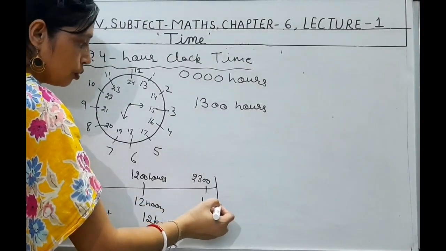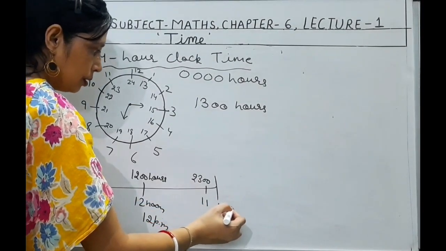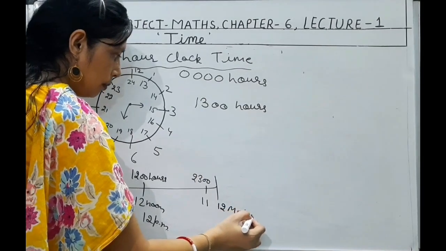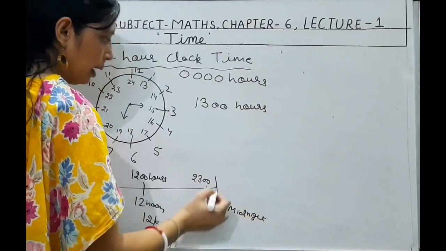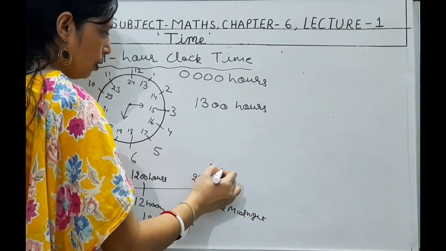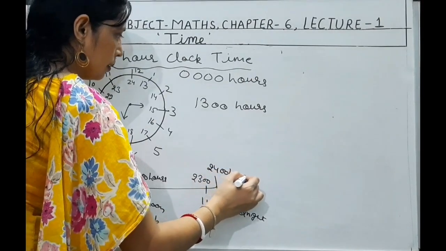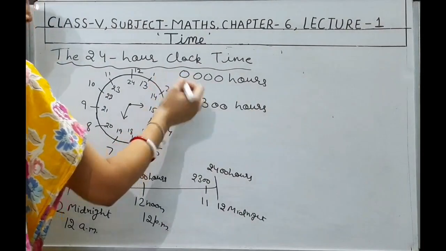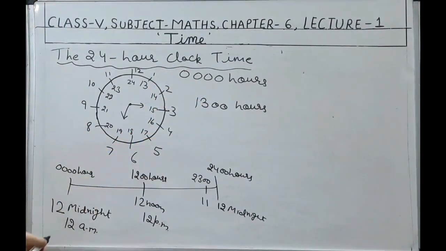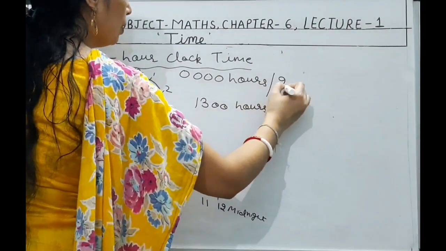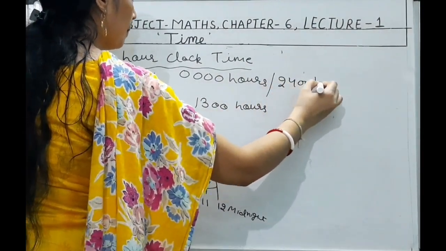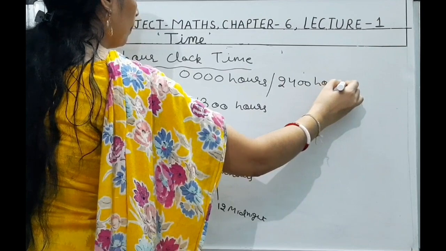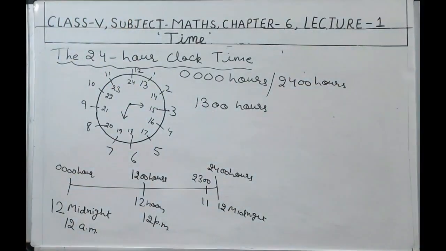Now here it is 12 midnight, means the day has ended here. 2400 hours. Again a new day starts. So 12 a.m. is written as 0000 hours or 2400 hours. Got it?